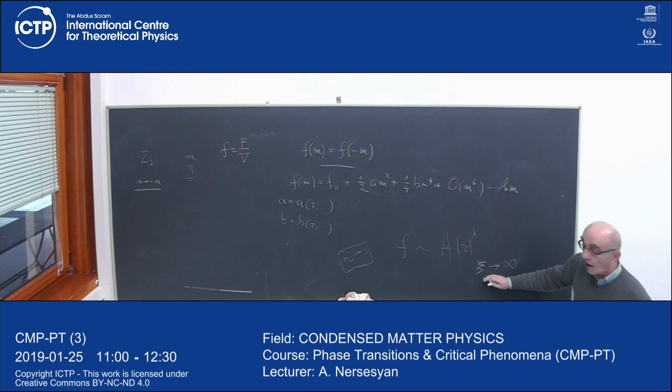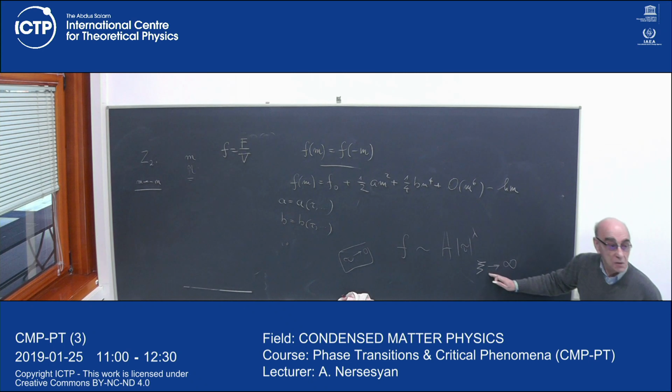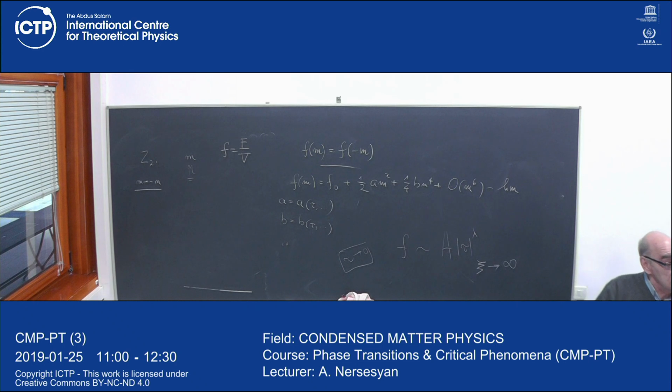Everything is hidden here. If you know this, you know everything. That's the idea. Because this is the only control parameter which tells you the difference between finite and infinite. And you know that the phase transition is about infinite systems, not about finite systems.